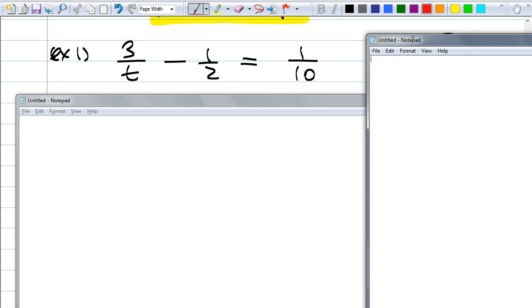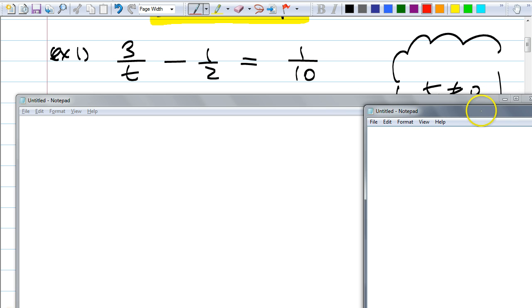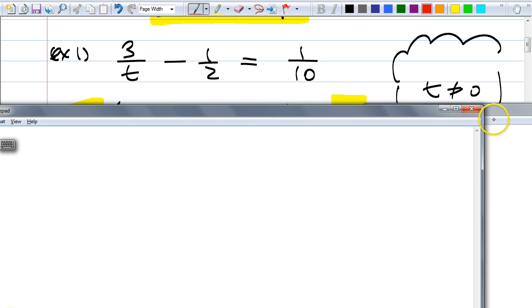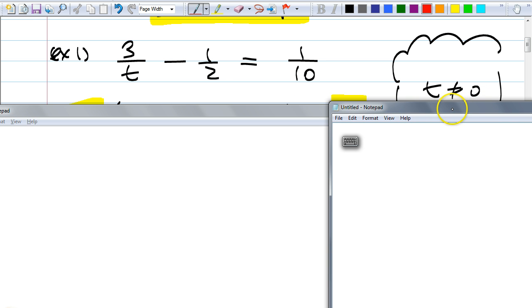Yes, t cannot equal 0. So I'm going to put that in there to remind myself that t can't be 0, because if it was, that fraction would be undefined, so you can't really solve this. That's one of the things that happens when you have a variable in the denominator: you get a restriction. And not only that, there's some other thing. Anyway, we'll get there in a minute.